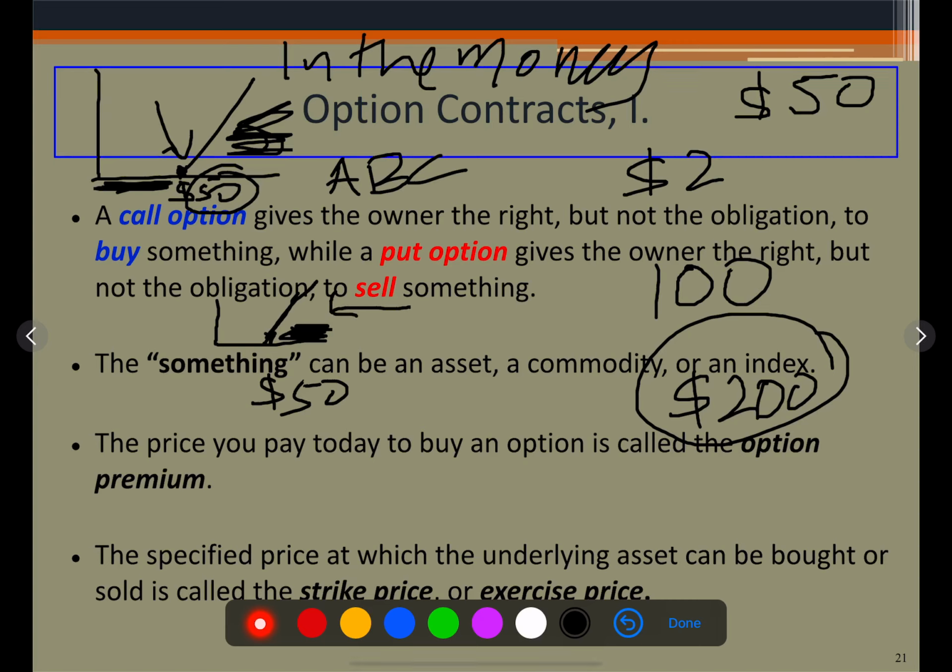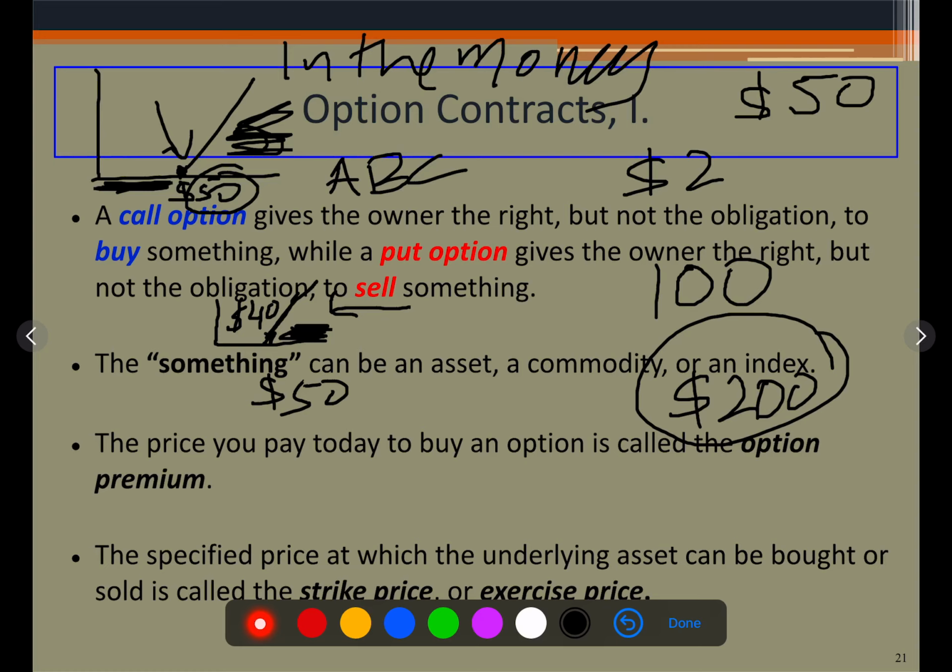But if this stock which I have is trading at the expiration of the contract below $50, say $40, I do not have an incentive to sell it in the open market.